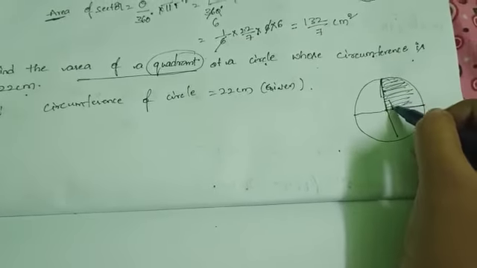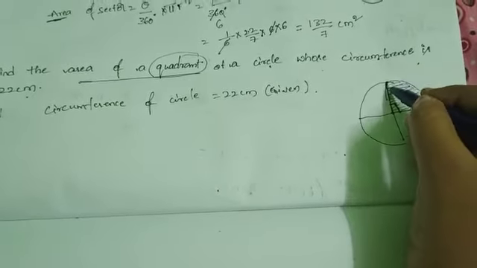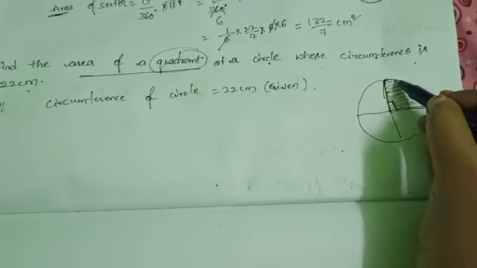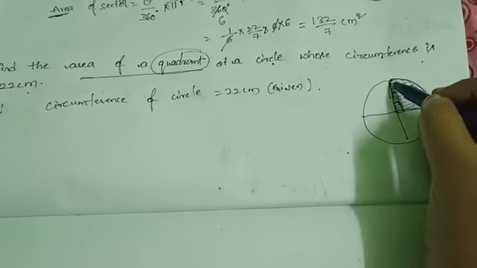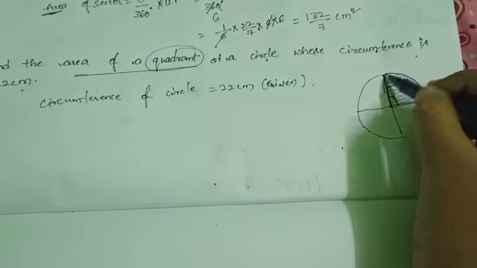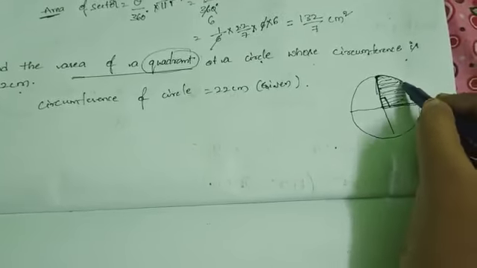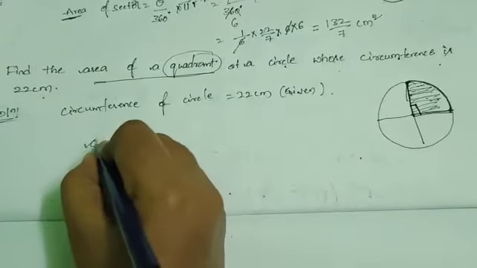This shaded part is the area. This area is bounded by 2 radii and the corresponding arc, so it is a sector. What is the area of the sector?